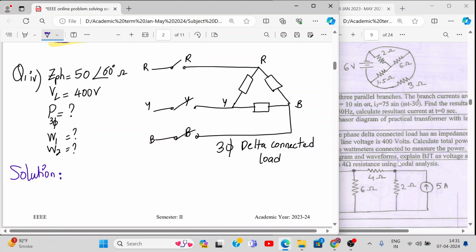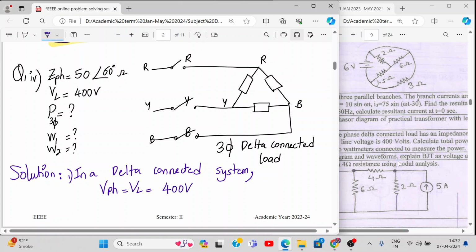In a delta connected load, in a delta connected system, write down point number one: phase voltage is equal to line voltage, which is equal to 400 volts.